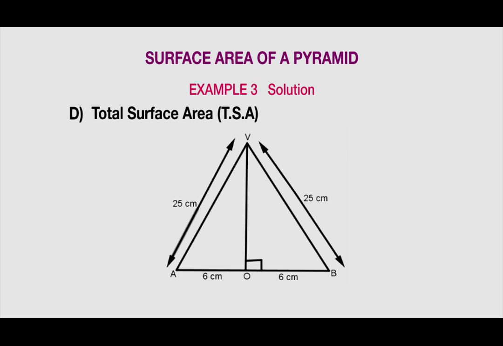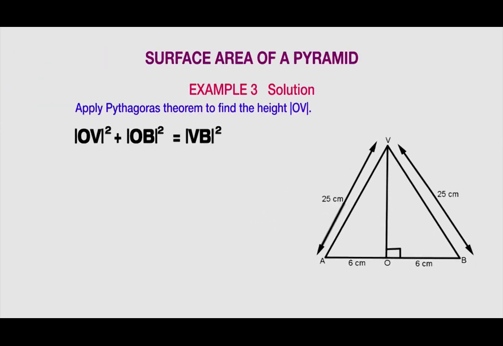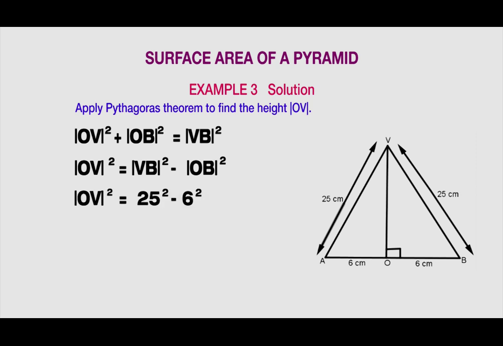Looking at triangle VOB, we can still apply our Pythagoras theorem to find the height OV. From the theorem, OV squared plus OB squared is equal to VB squared. And that will mean OV squared is equal to VB squared minus OB squared. When we do our substitutions, we have OV squared equals 25 squared minus 6 squared.